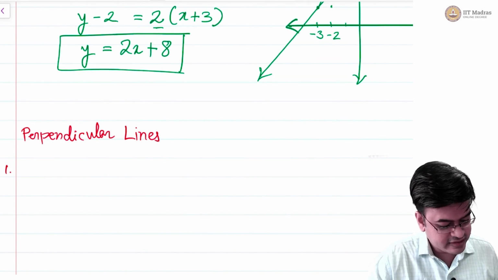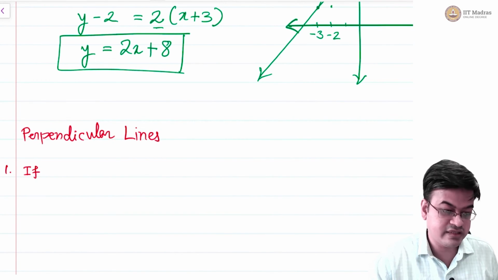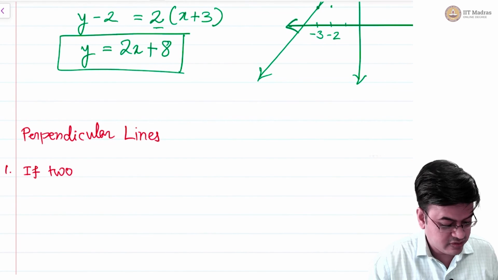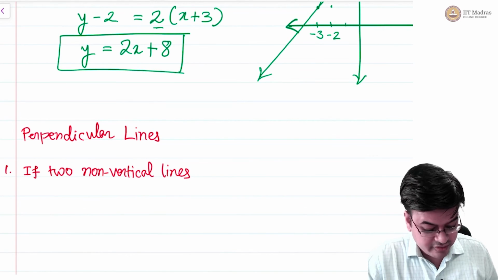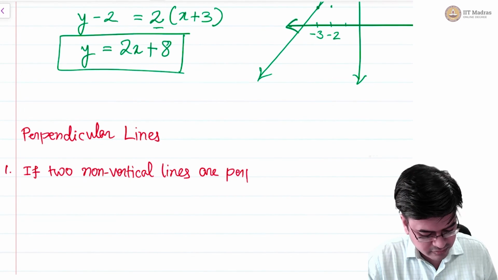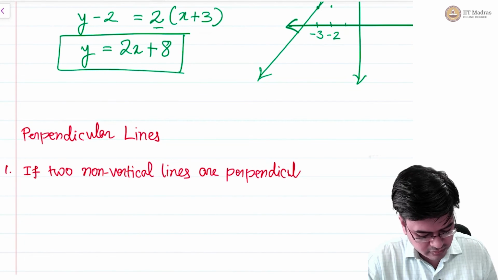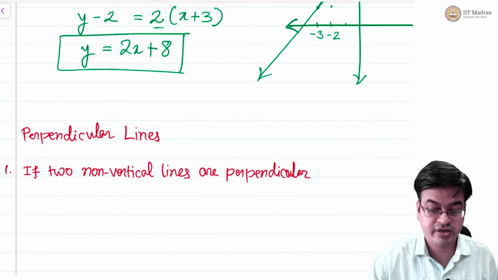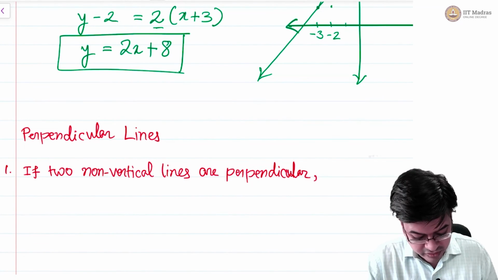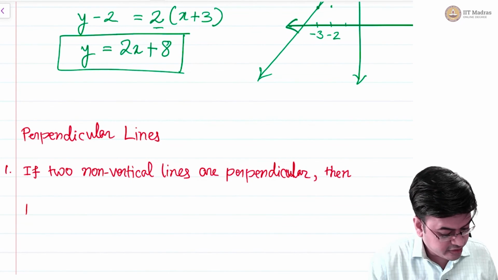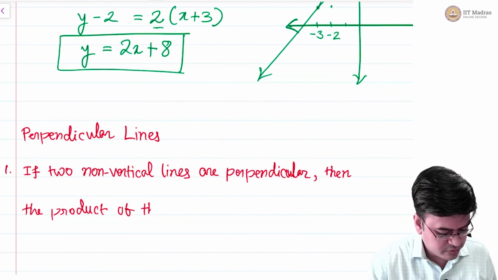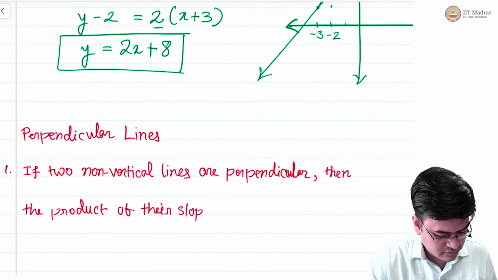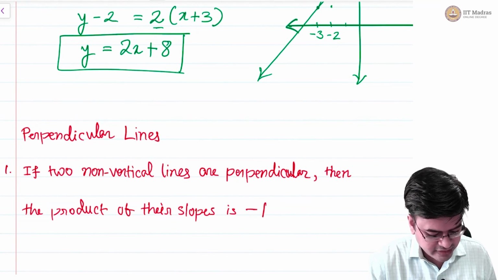So for that, the characterization is, if two non-vertical lines are perpendicular, then you can actually derive, or we have derived in other lectures, that the product of their slopes is minus 1.